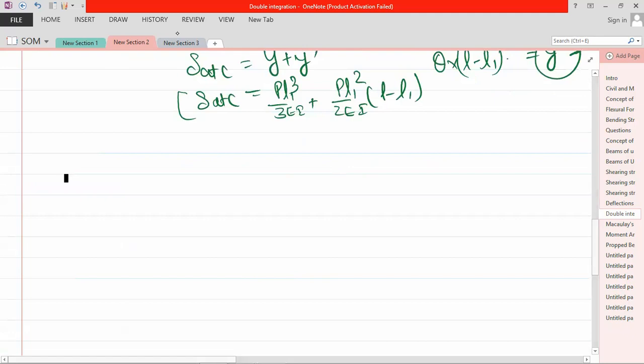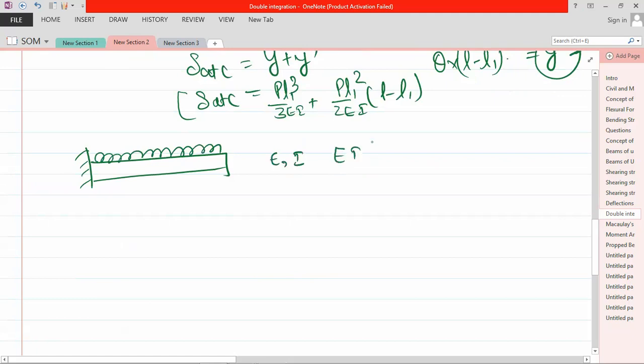Okay, now for uniformly distributed load in cantilevers. This is a beam and its uniform distributed load is given, with EI as the properties. First remember this, which will always help you: EI d2y by dx2 is equal to M. Now if you take x distance from here, what is the moment?